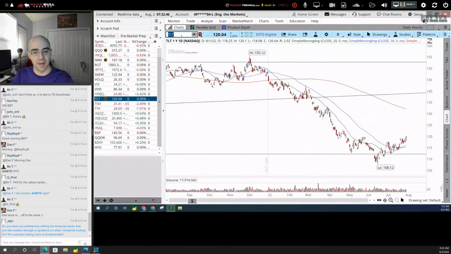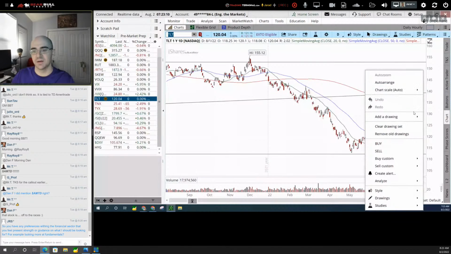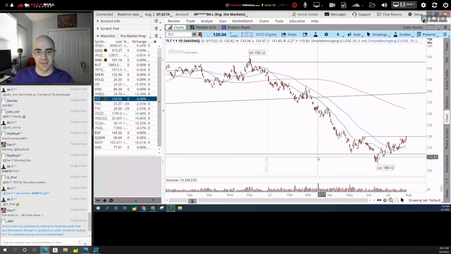If y'all have been following, I've been a medium-term bull in long-term bonds, a bit of a bull in the TLT. The reason being is the market structure. I thought that interest rates had topped, and so far this is working out quite well. It's also hitting resistance, and as you can tell, we're starting to get that full reversal structure really coming in.